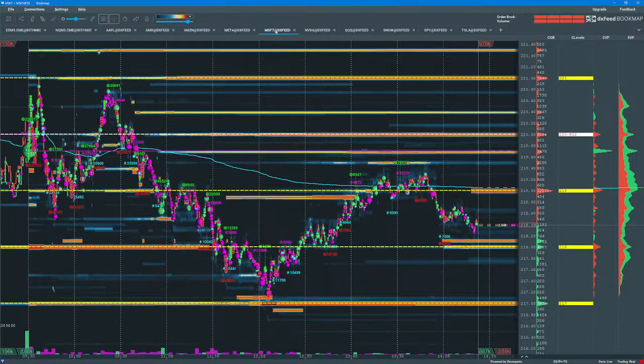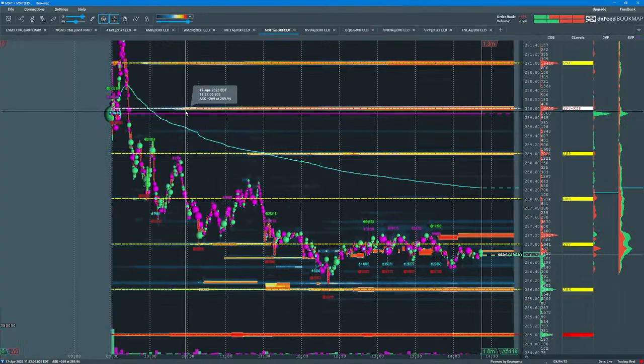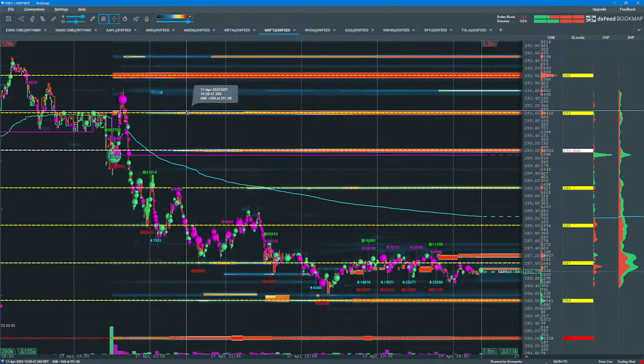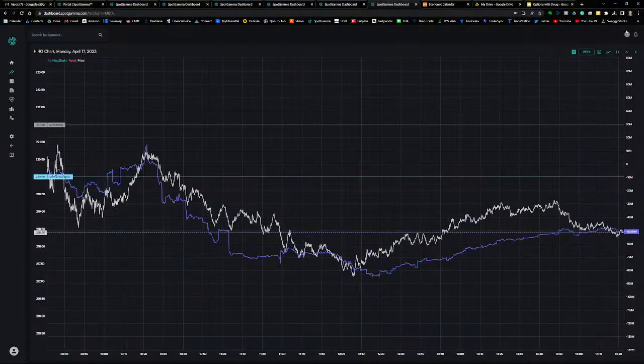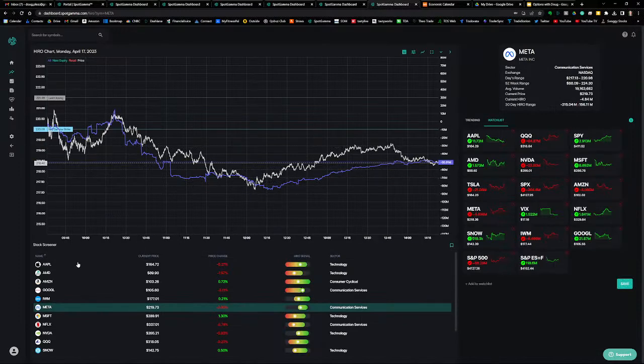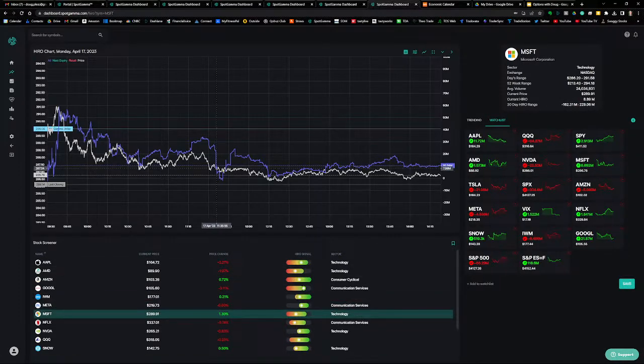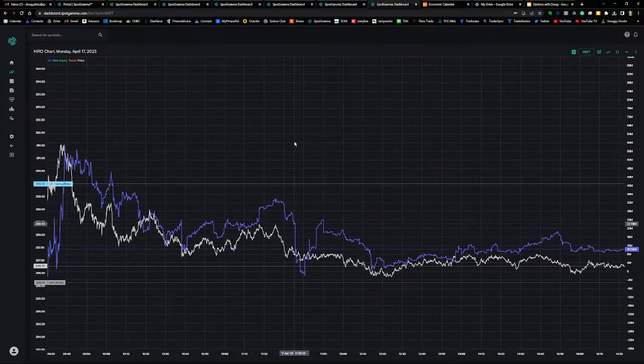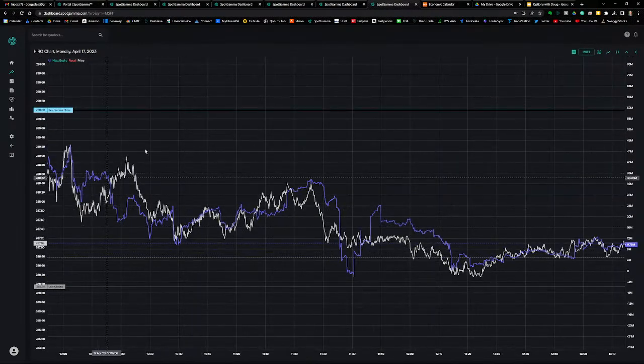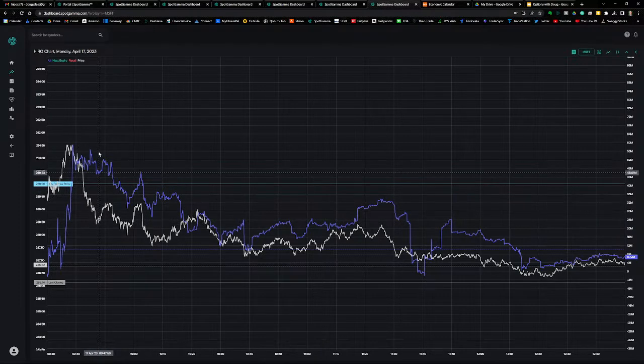Let's take a look at Microsoft. And Microsoft, I thought Hero was actually a little bit of a lagging indicator here.